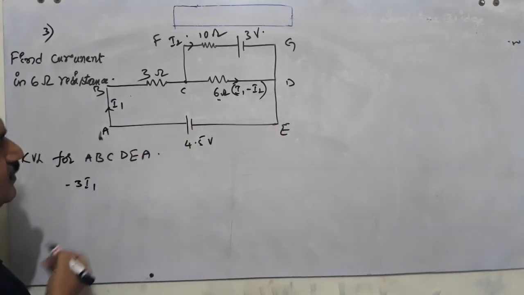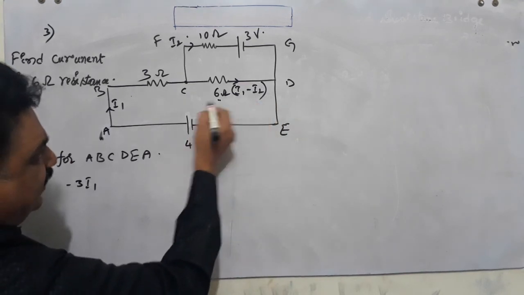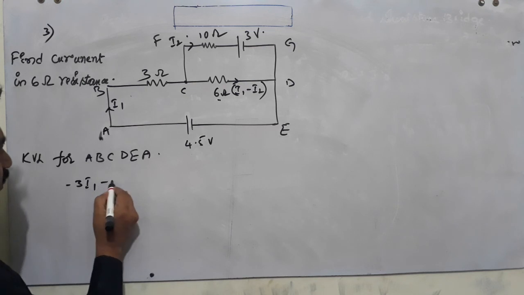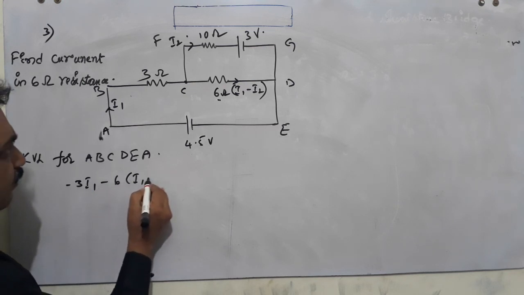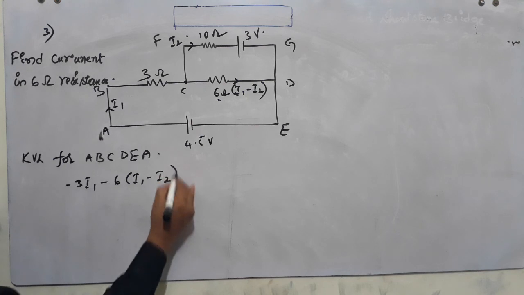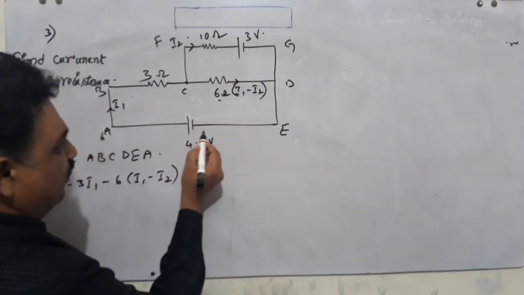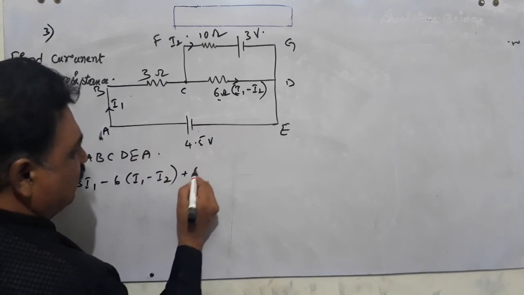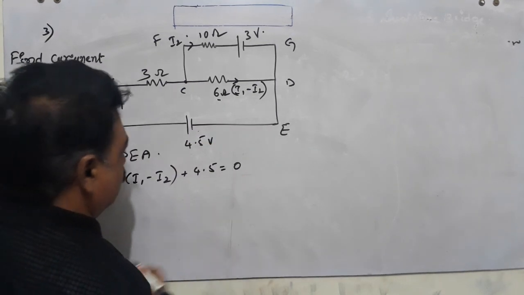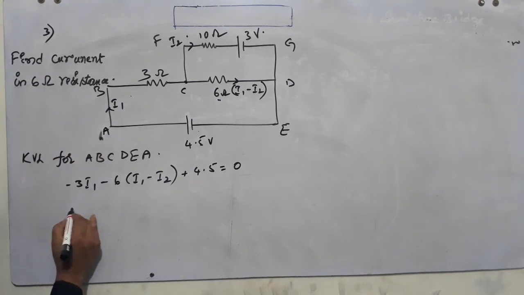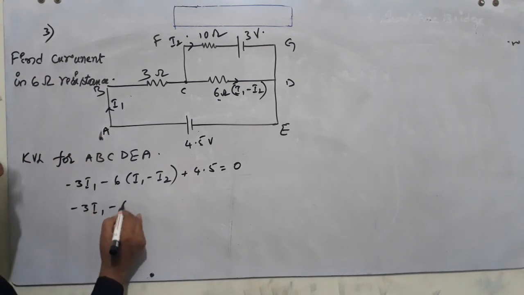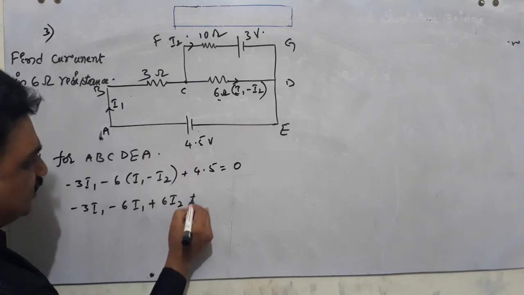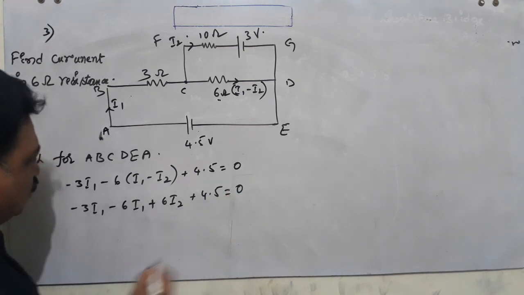Here, in this resistor, the current is I1 minus I2 in this direction. We are moving in the direction of current. That means minus 6 into I1 minus I2. And here you are moving from negative to positive, so plus 4.5 is equal to 0. And therefore minus 3I1 minus 6I1 plus 6I2 plus 4.5 is equal to 0.